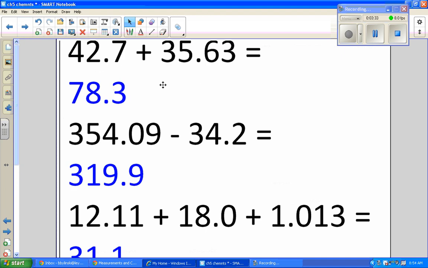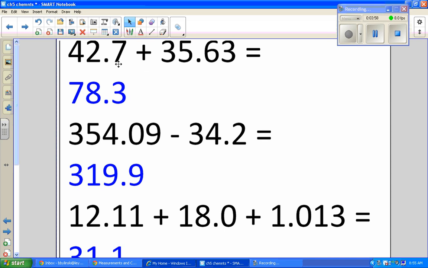If you plug 42.7 plus 35.63 into your calculator, actually I would do this right now, the answer in the calculator is 78.33. Why do I only have 78.3? The reason is when you add or subtract, your answer should match the least decimal place.